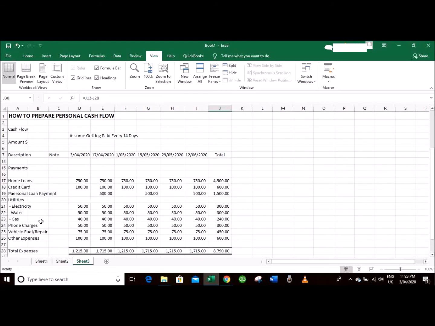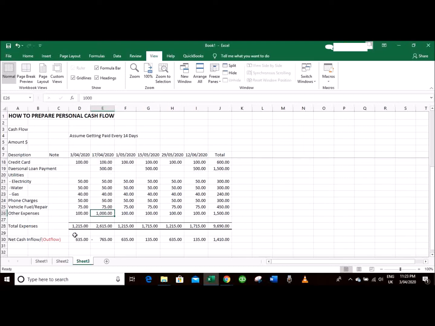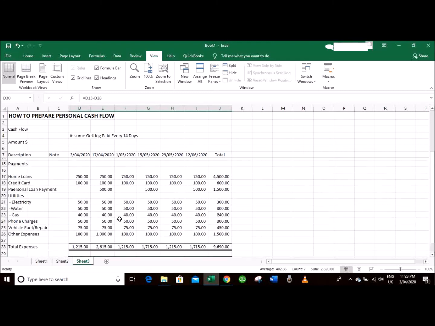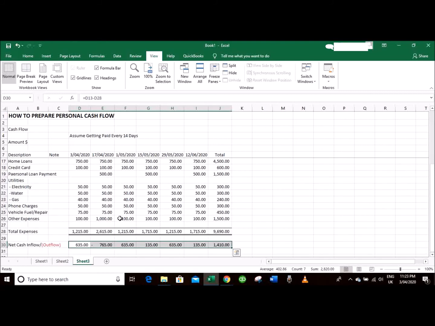Let's say you got extra payments, an unexpected payment next fortnight, let's say $1,000. Let's say you borrow from someone, you have to pay something to get something, and so your outflow, your payment, exceeds your income for that fortnight.